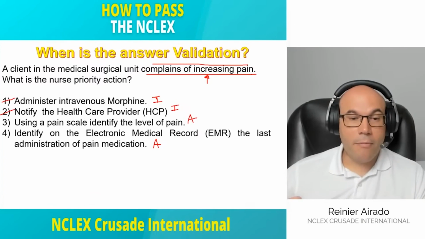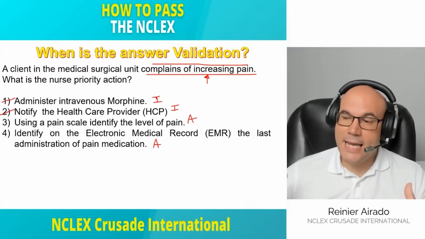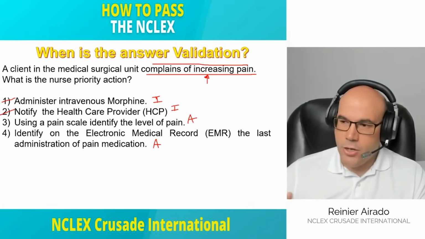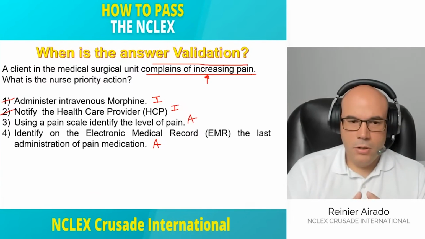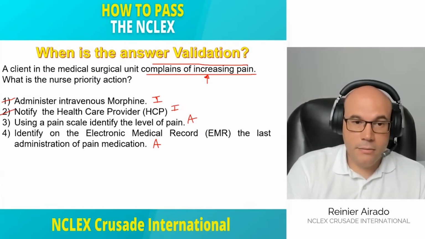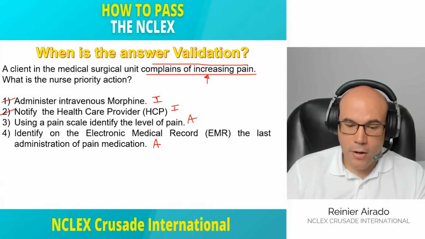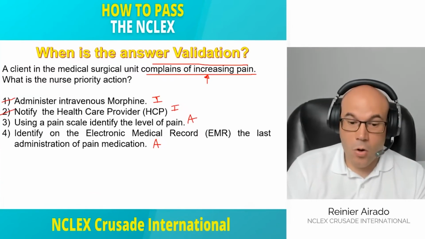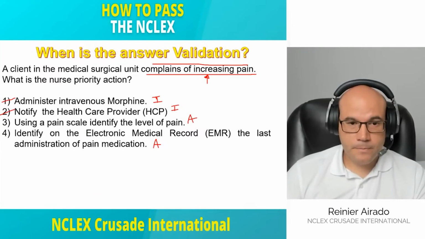But now we have a problem. I see a lot of students stuck in between 3 and 4. And you see, many of you selected 3. Some of you selected 4. But the question here is, why 3 or why 4?